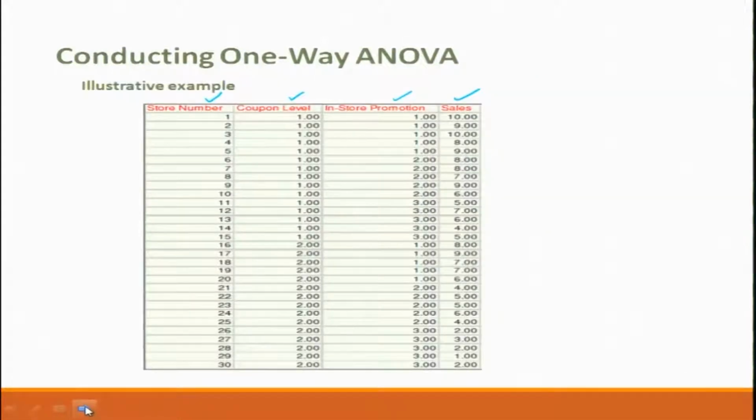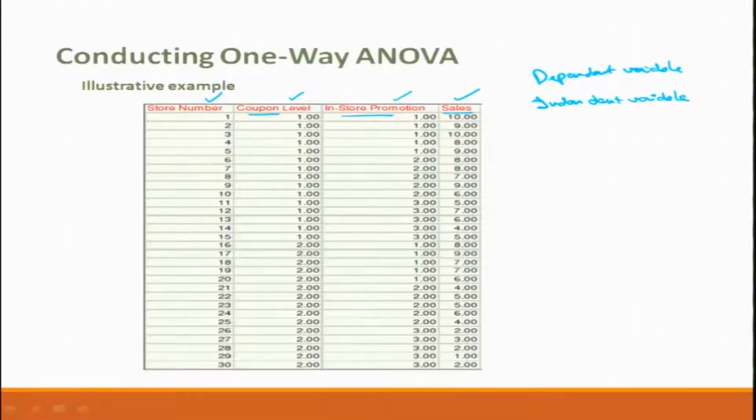So first, let us try to identify which is my dependent variable and what are my independent variables. Please take a focused look at this: coupon level, in-store promotion and sales.